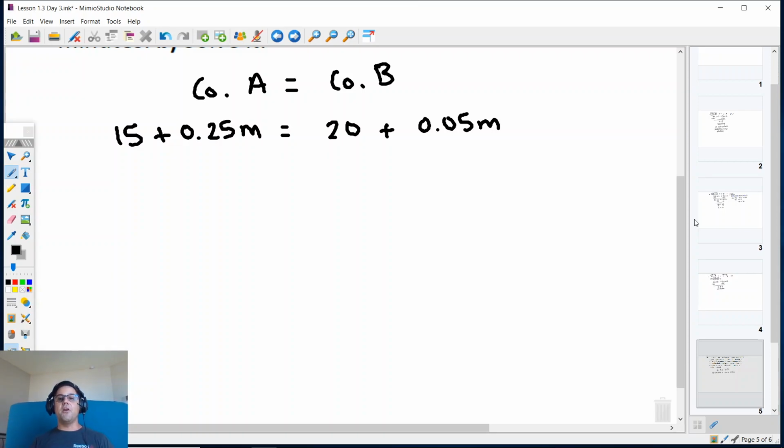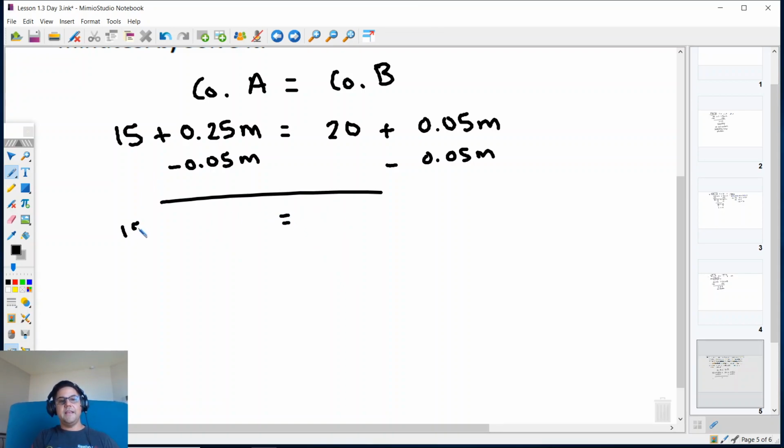So remember, I'm going to go ahead and move the smallest variable. Both sides. So that's going to give me 15 plus 20 cents per minute, right? Is equal to 20. All right, I go ahead and subtract 15 both sides.